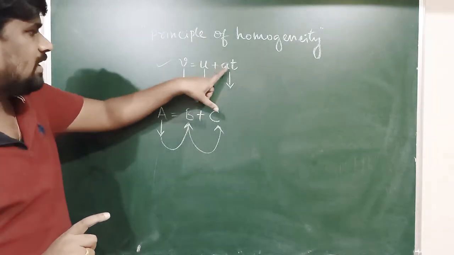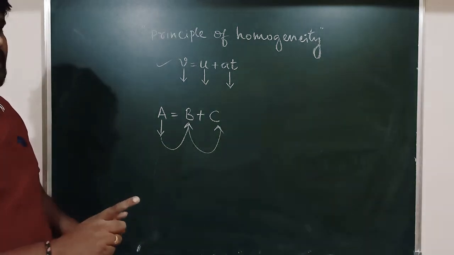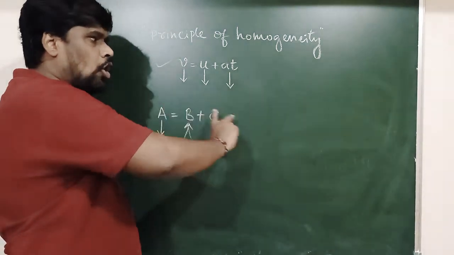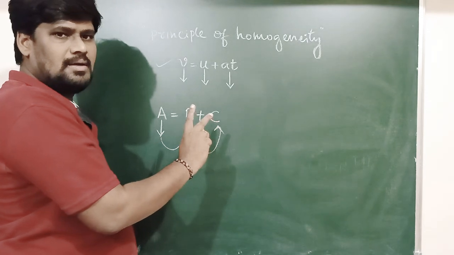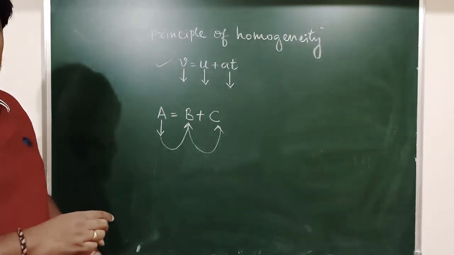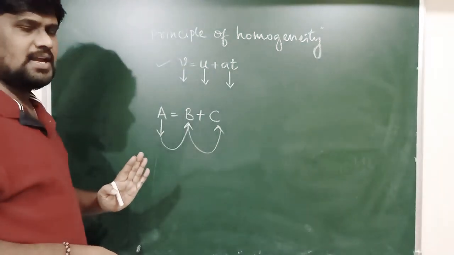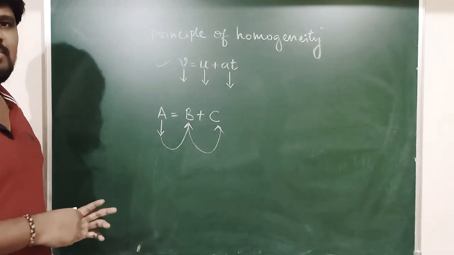Suppose if U and AT have different dimensions, then definitely such two terms cannot be added in science. That equation is not dimensionally correct here. So U and AT are added here because they have the same dimensions.